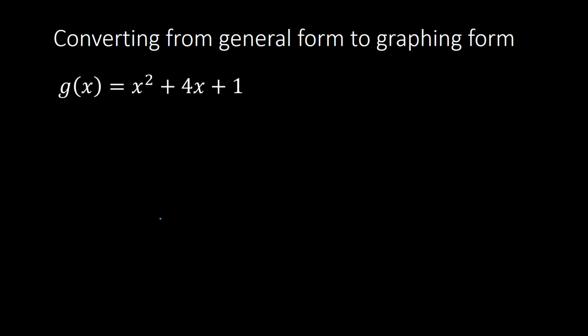You're given g of x equals x squared plus 4x plus 1. And our goal is to get this into a format where I have something squared plus something over here and maybe a number out in front if needed. This is going to be x plus or minus something as well. So this is my goal. And what I want to do is use a previous lesson on completing the square in order to make this happen.